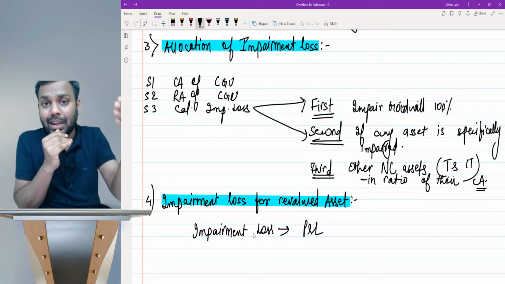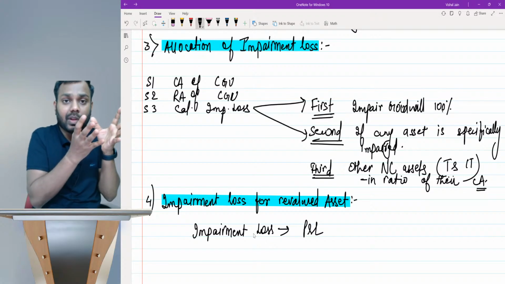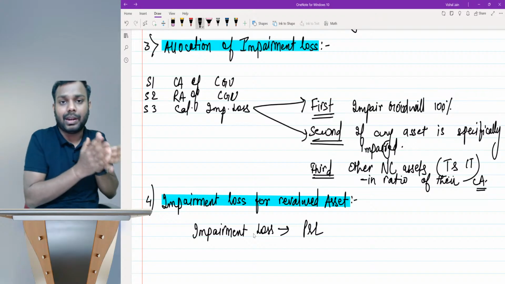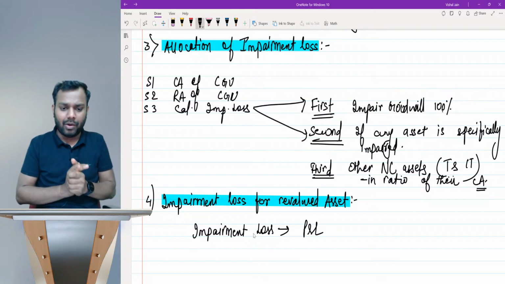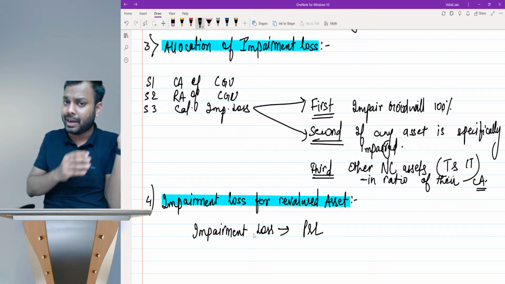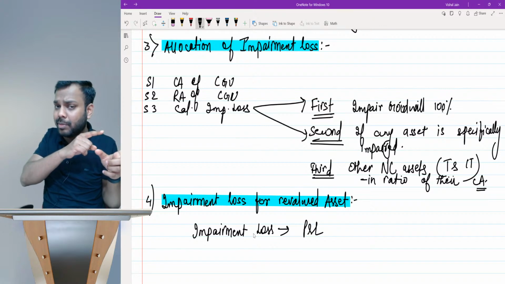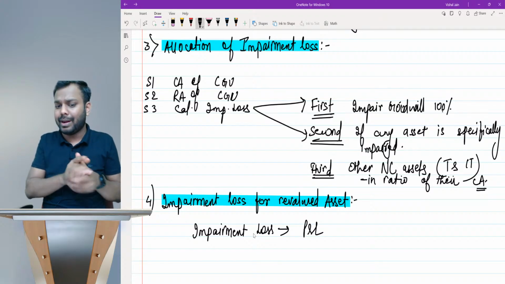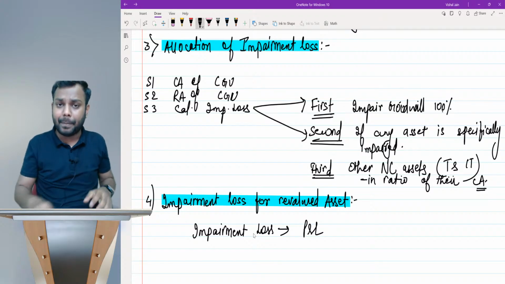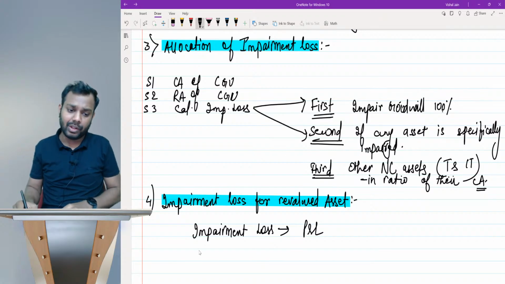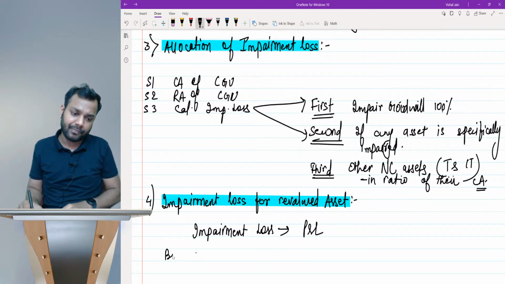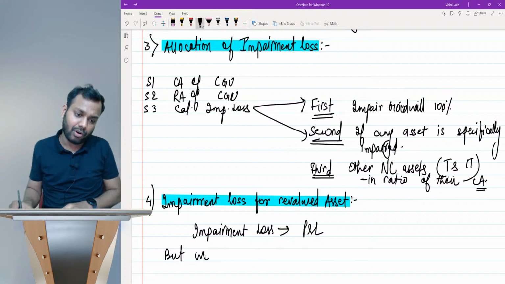If we increase the value, we create a revaluation reserve. Now, when we increase the value in the past, we created a revaluation reserve. Now, when we are decreasing the value, don't you think we should take it from the revaluation reserve, rather than transferring it to P&L?